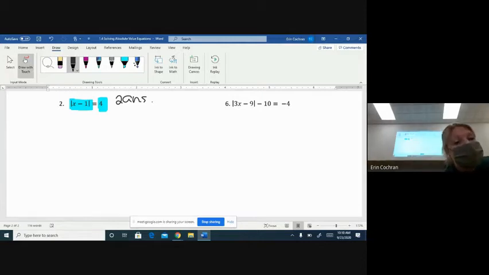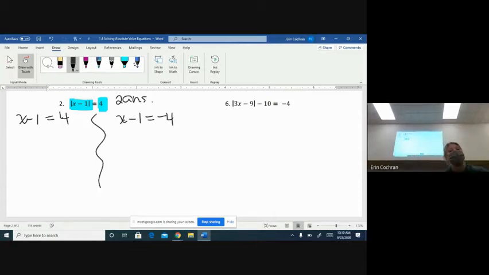So now we're going to set up our 2 equations. We're going to take the x minus 1 and set it equal to 4 and -4, because 4 is 4 units from 0, and -4 is 4 units away from 0.